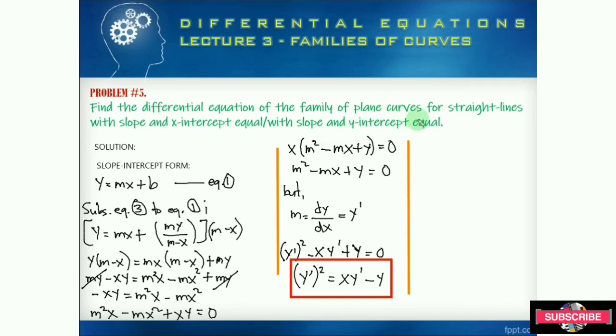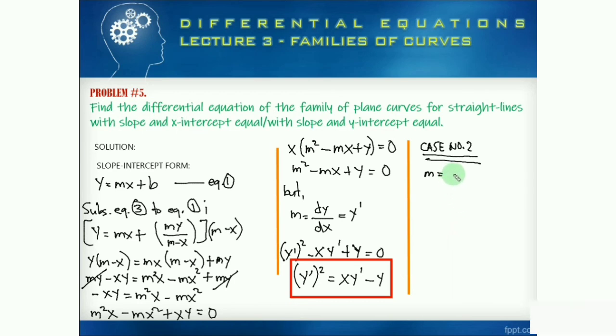Okay, so based on this one, our m is equal now to the y-intercept. So since our a is the x-intercept in the intercept form, our b there is the y-intercept. So m is just equal to b.